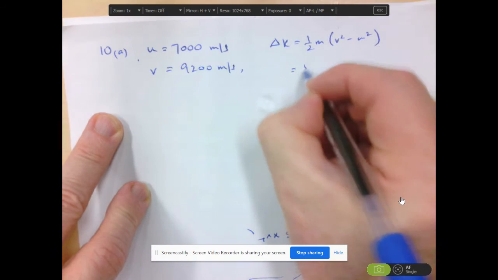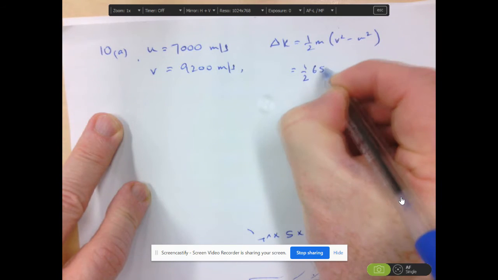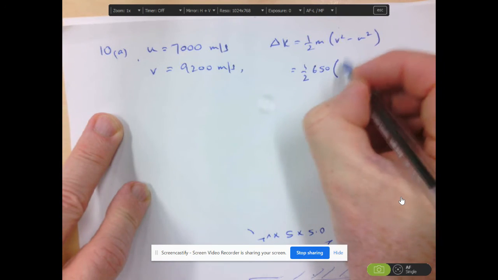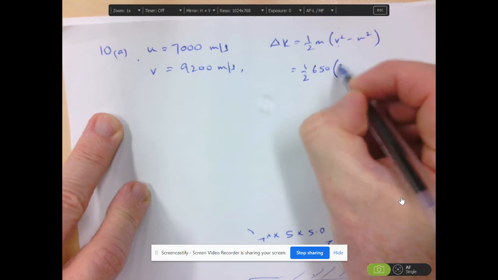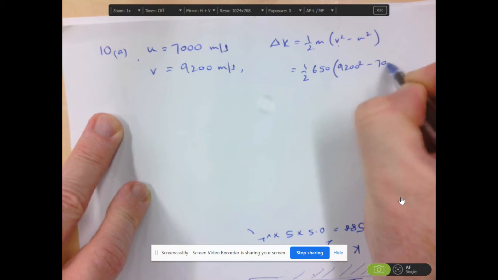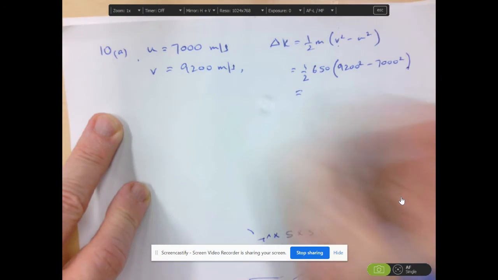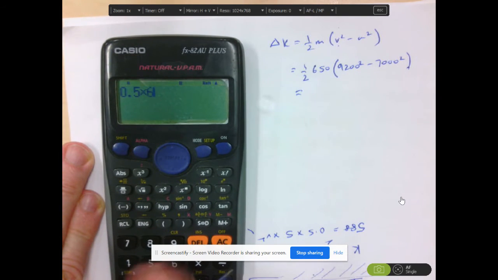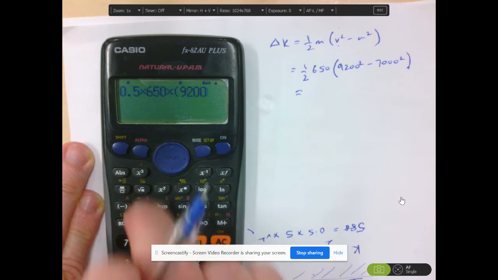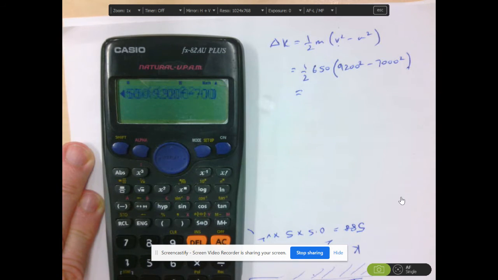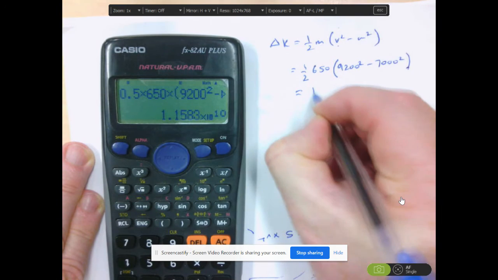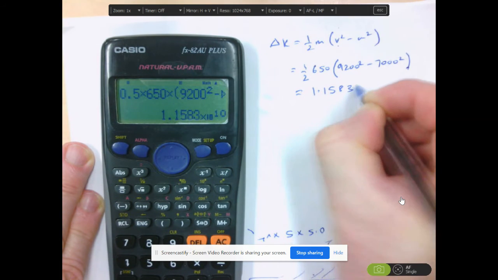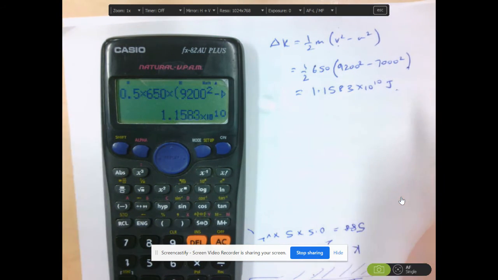And the mass of this rocket is 650 kilograms, and v squared minus u squared is 9,200 squared minus 7,000 squared. Popping that in, it's 1.1583 by 10 to the 10 joules is needed.